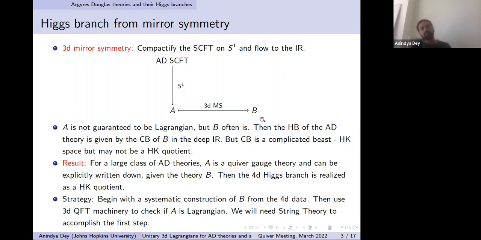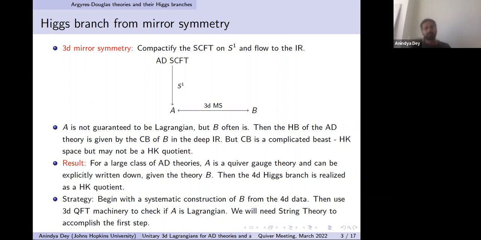But then again, the Coulomb branch is a very complicated object. It's a hyperkähler space, but not necessarily a hyperkähler quotient. The easiest thing that you can think of in 3D is to have a hyperkähler quotient, and that can only happen if A itself is Lagrangian.